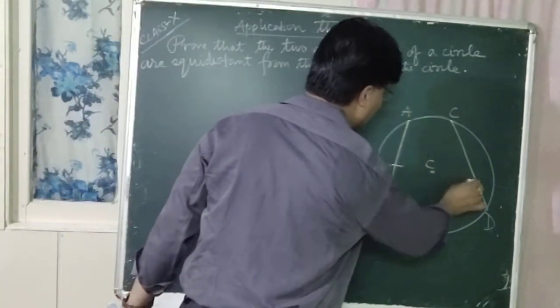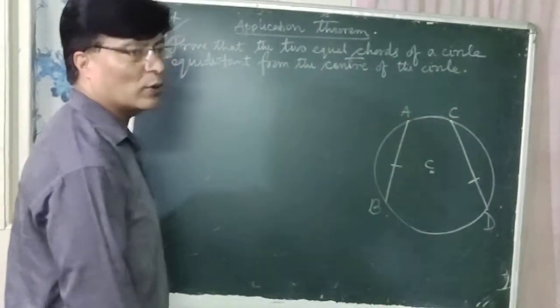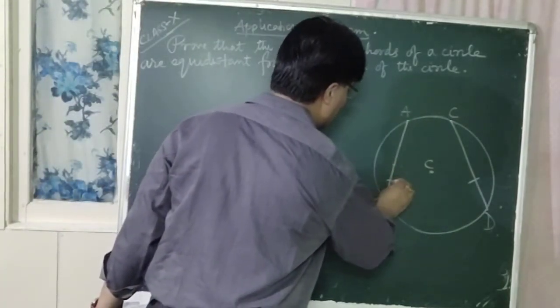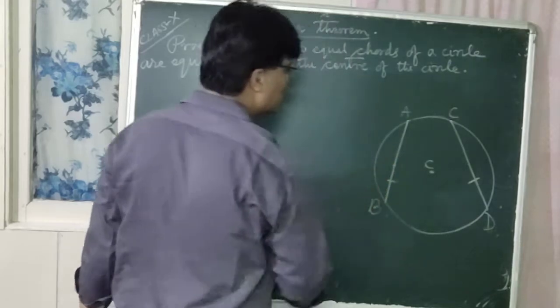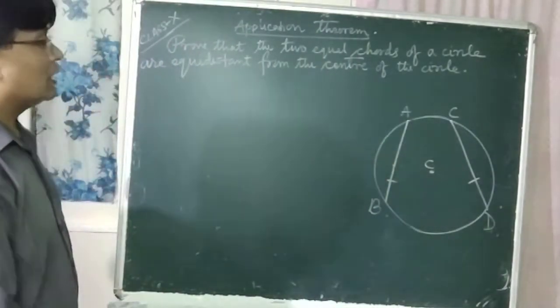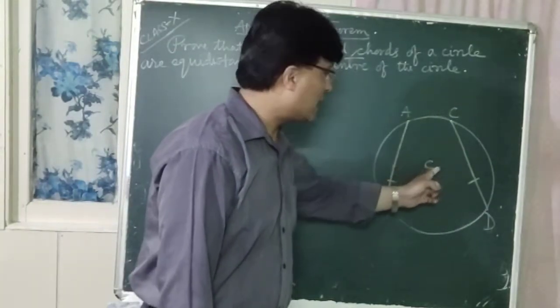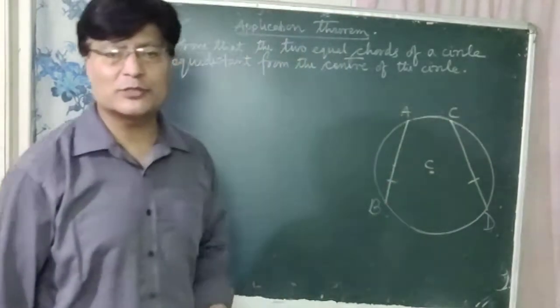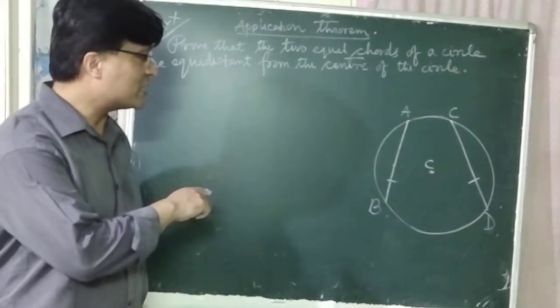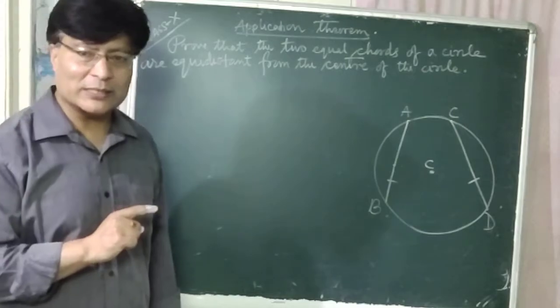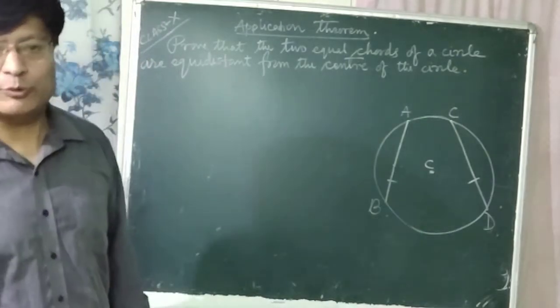This AB and CD are two equal chords of the circle. Now you have to prove that these two equal chords are equidistant from the center of the circle.